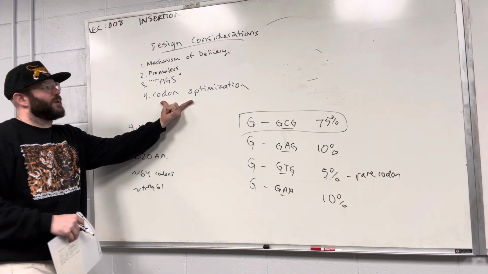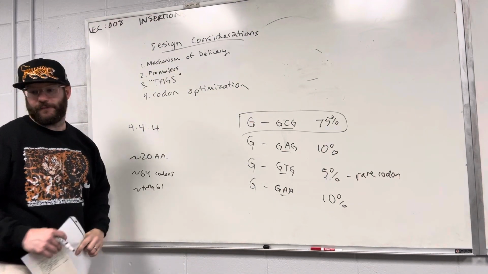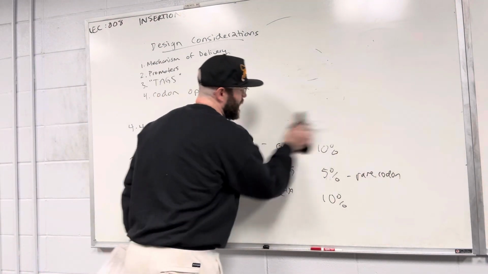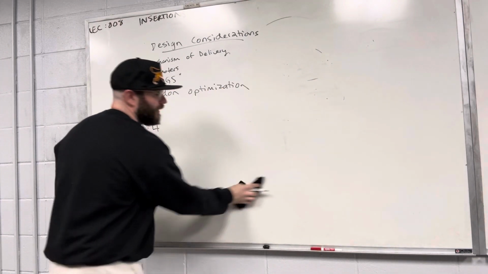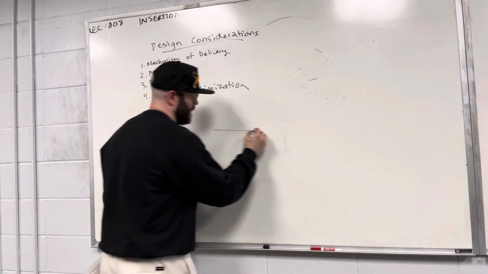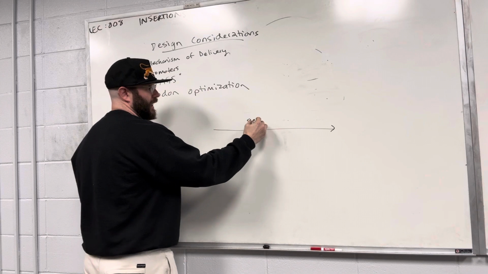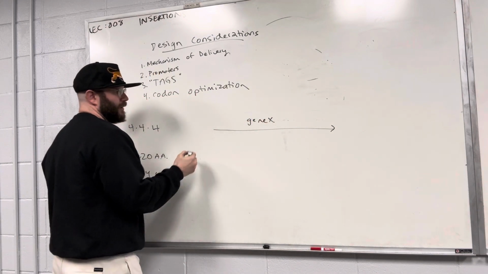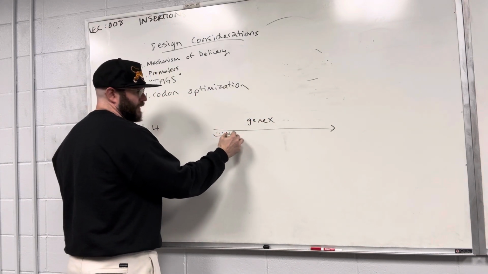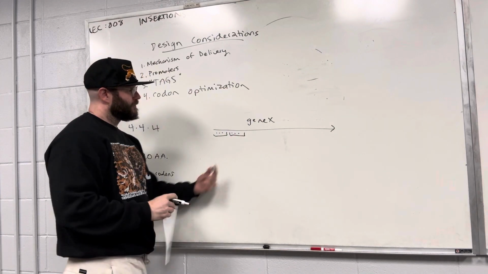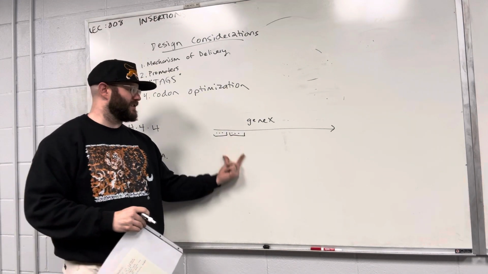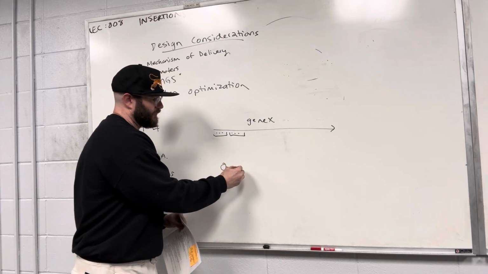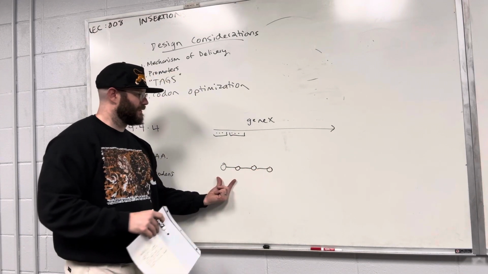So then this brings up what's called codon optimization, where you have a sequence. Here's your full sequence for gene X, okay, of your codons. You can change every single one of these codons and it can still code for the same protein.